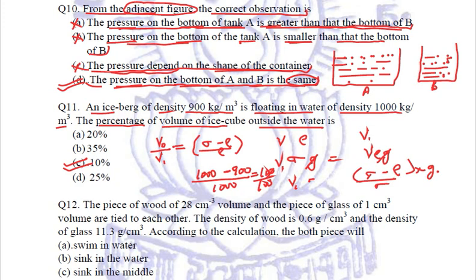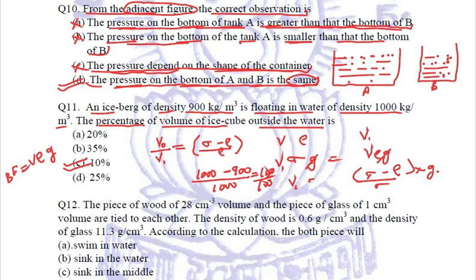You need to simply calculate it with the formula for volume. We know that the upward force, or the buoyant force, is equal to volume multiplied by the density into g.